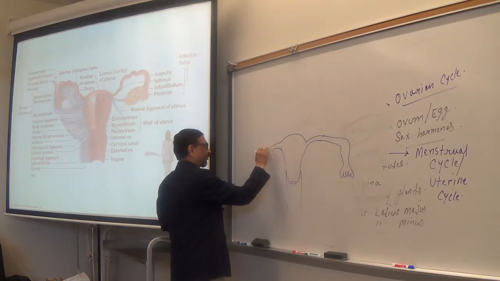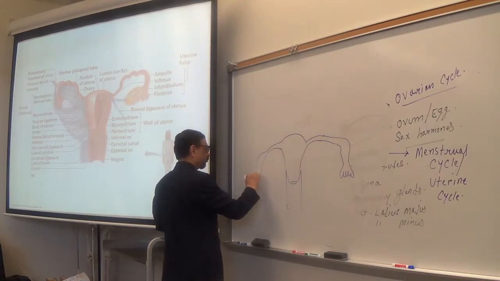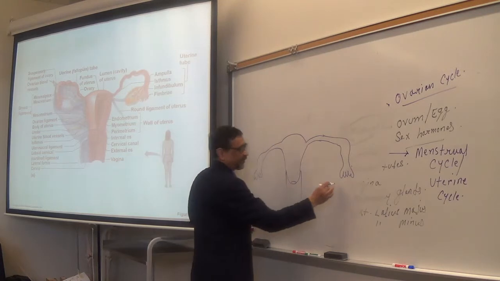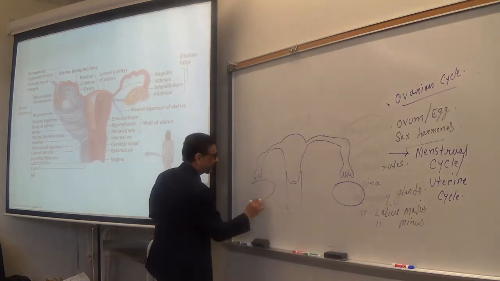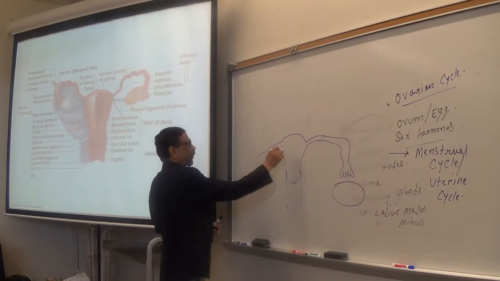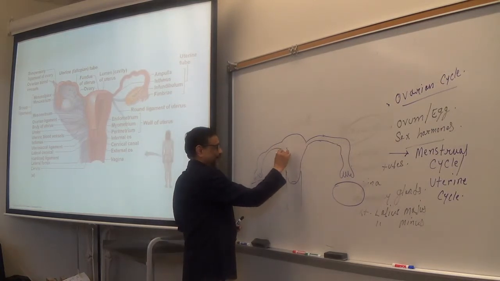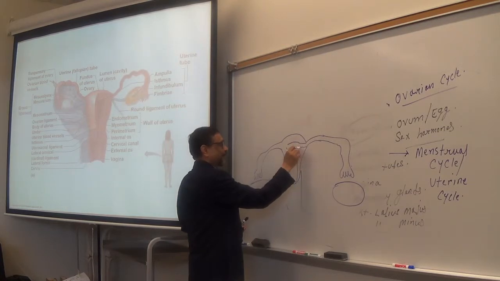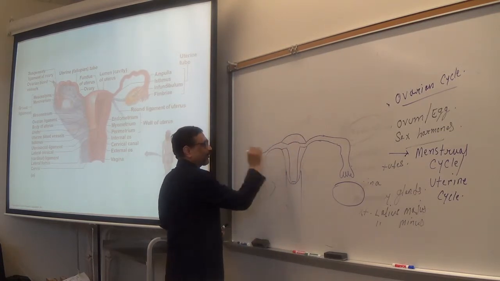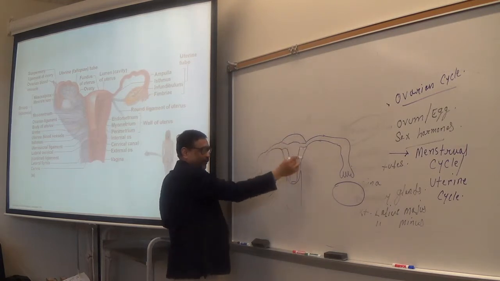This side you have the same thing. This is the ovary. Okay. Looks like little hands. Yeah. Isn't it? Okay. So now this is what? The uterus.